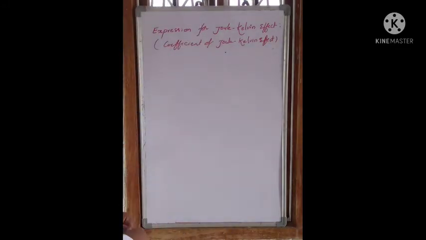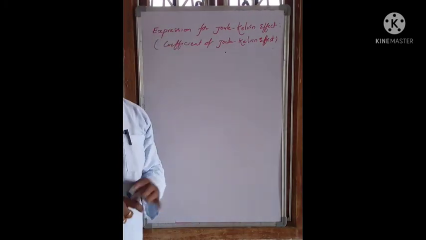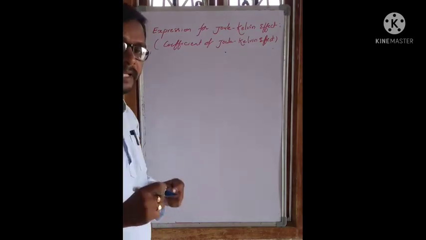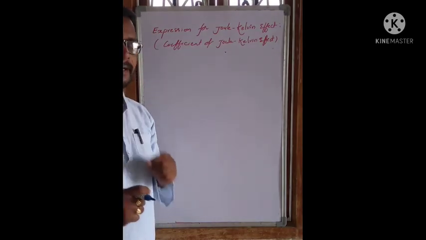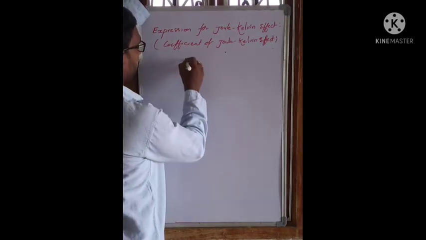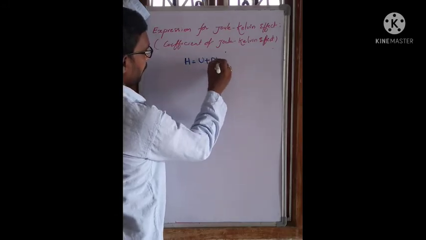Right. When the gas suffers the Joule-Kelvin effect, its enthalpy becomes constant. We know that enthalpy can be represented by H equal to U plus PV.